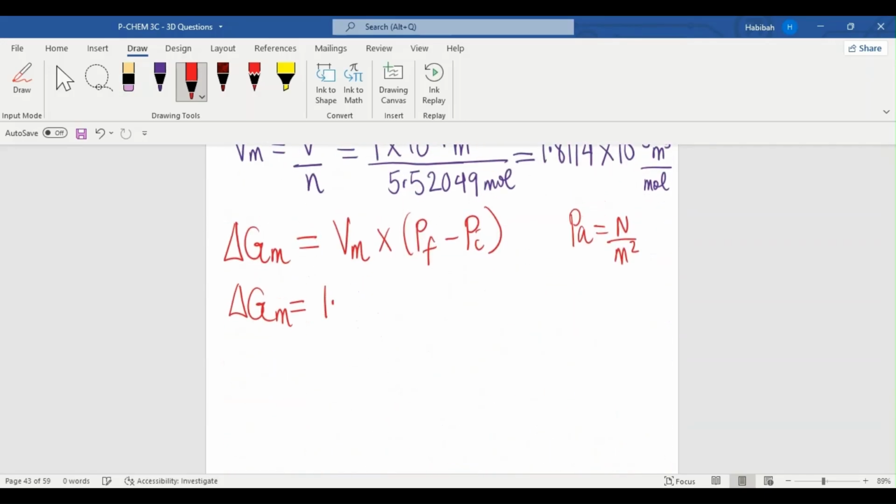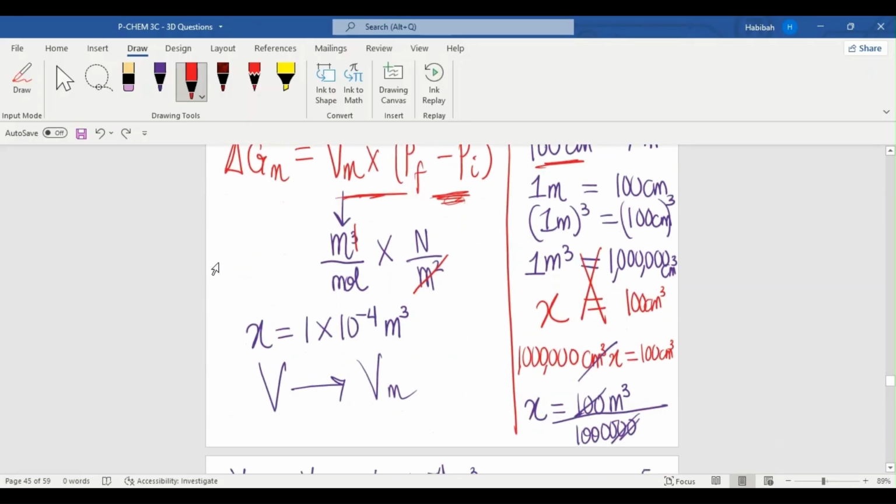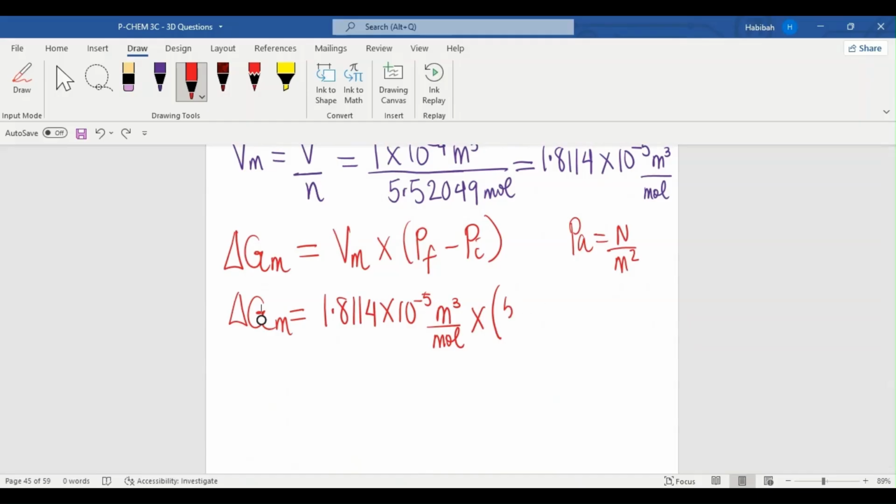So we have 1.8114 times 10 to the power of negative 5 meter cube per mole, times the final pressure, which is 500,000 Newton per meter square, because 500 kilopascal is the same thing as 500,000 Newton per meter squared, minus the initial pressure, which is just 100,000 Newton per meter squared.